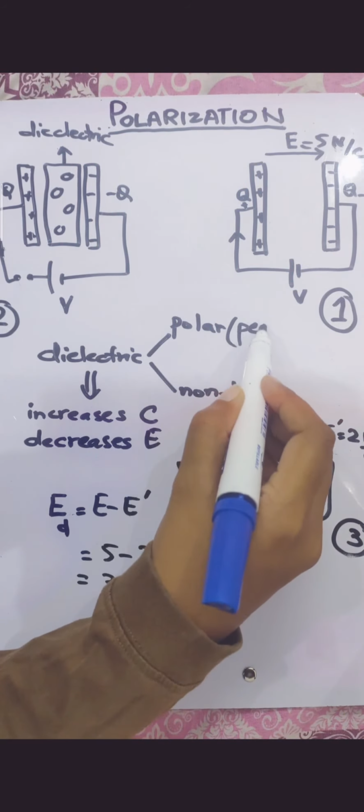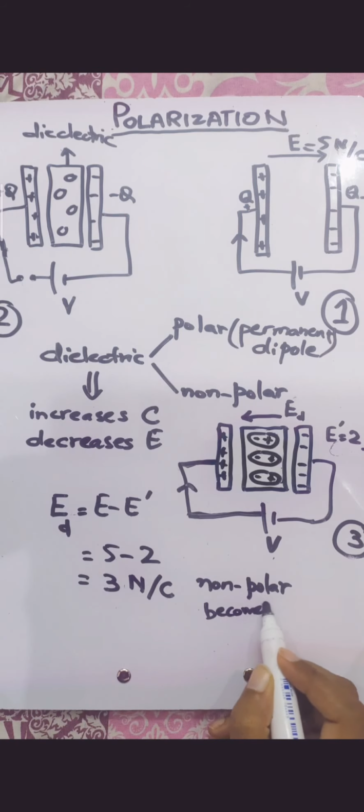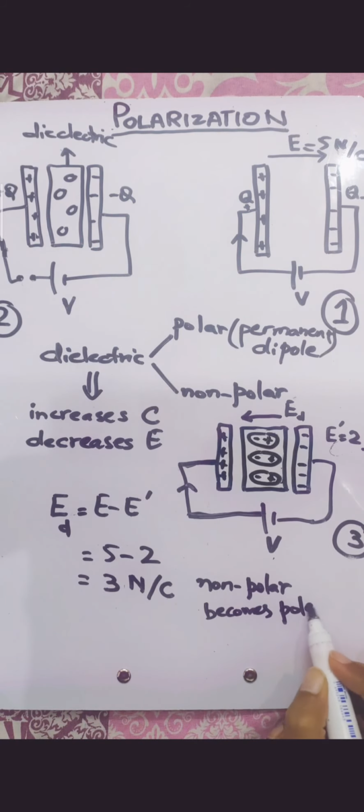And what about the non-polar substances or non-polar molecules? How can we explain them? Basically, non-polar molecules do not have poles in normal conditions, when the electric field is absent, and they become polarized in the presence of an electric field, right?